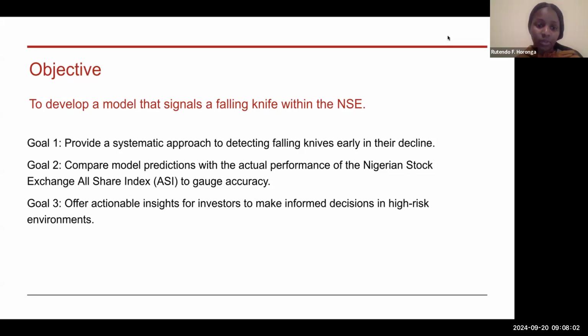Secondly, after building the model, we can compare the model predictions with the actual performance of the Nigerian Stock Exchange all share index to gauge accuracy. And lastly, we can use that data to offer actionable insights to investors. You can go on the next slide.